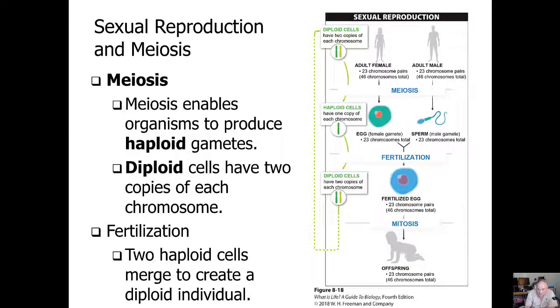Sexual reproduction involves meiosis. So meiosis enables an organism to produce haploid cells. Now that means it's half the genetic content.